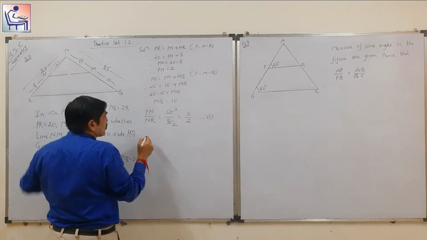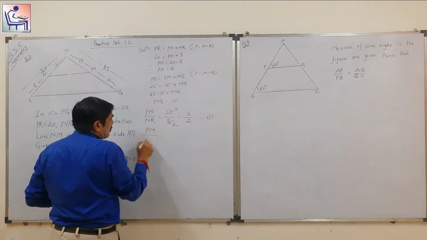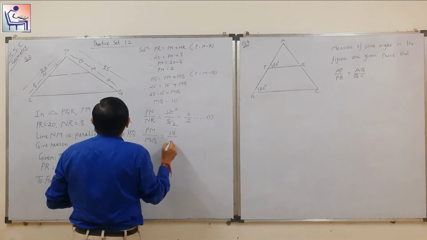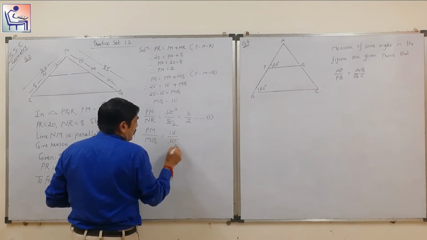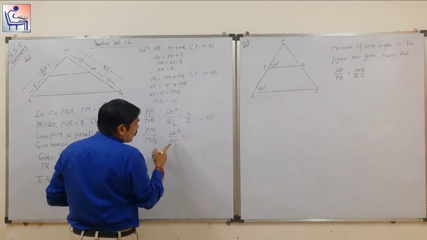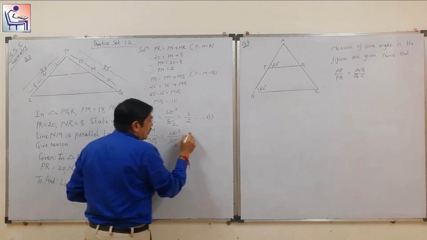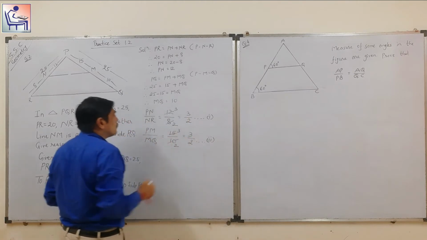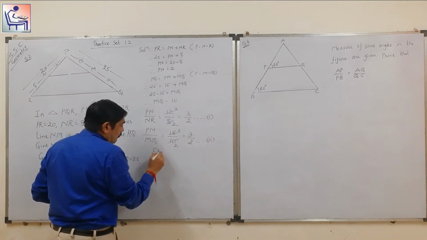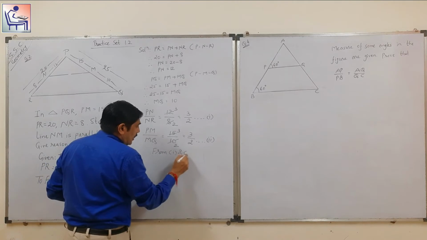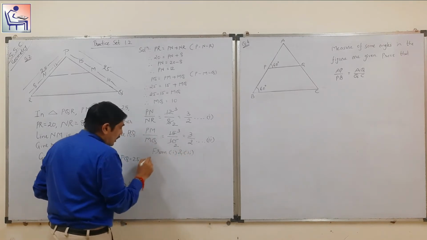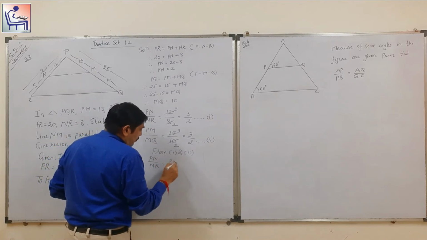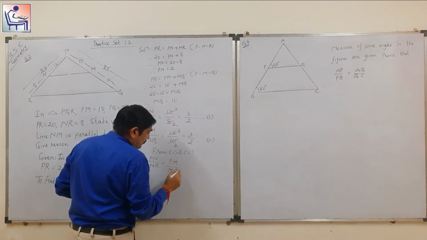Similarly, we will find the ratio PM upon MQ. So PM is 15 and MQ is 10. So 5 2s are 10, 5 3s are 15. Here also we are getting the ratio as 3 upon 2. So now from 1 and 2 we can say PN upon NR is equal to PM upon MQ.